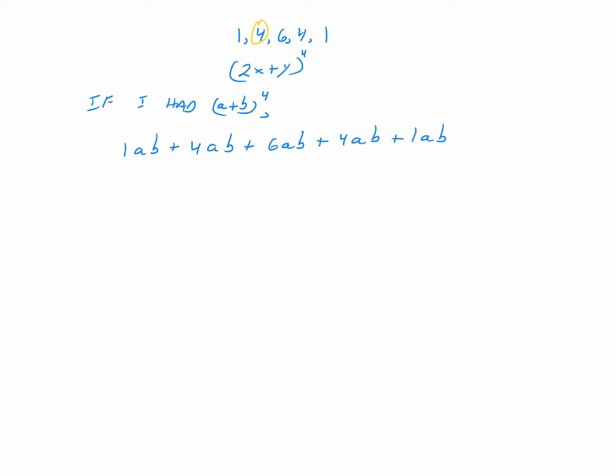Take your a exponents, start at 4 and descend in order, 0. And then take your b's, start at 0 and ascend in order, 3, 4. Double check your degrees on everything, 4th degree, 4th degree, 4th degree, 4th degree, 4th degree. Life is good. I wonder if I should pause for dramatic effect. Do you know what I'm going to do next?